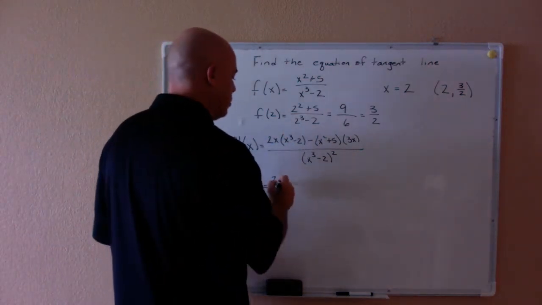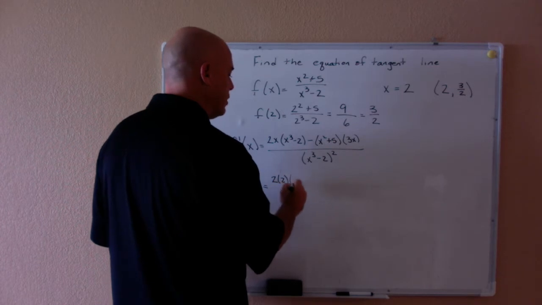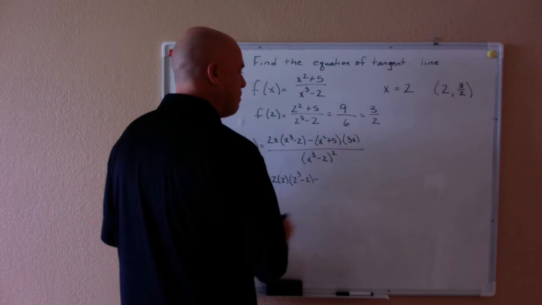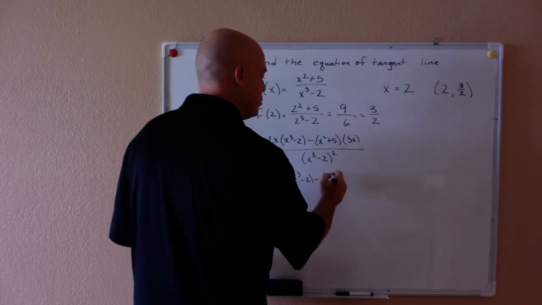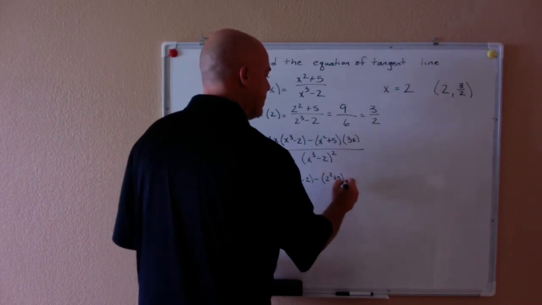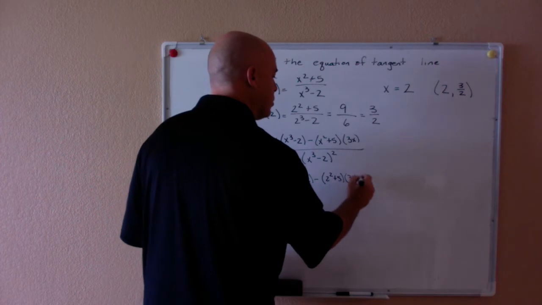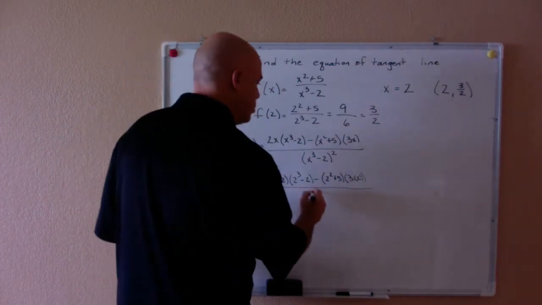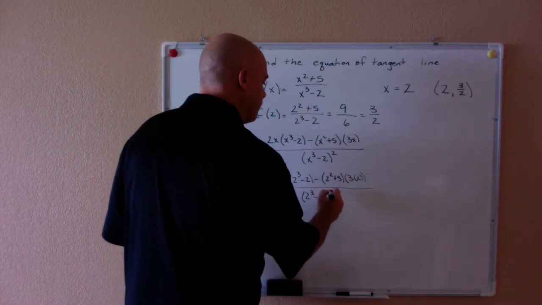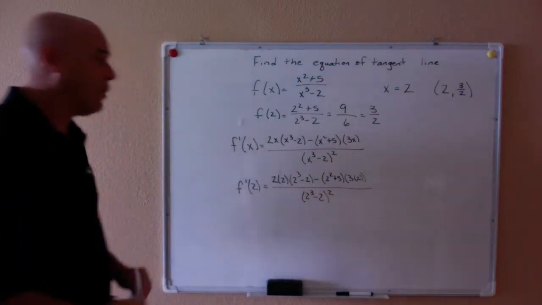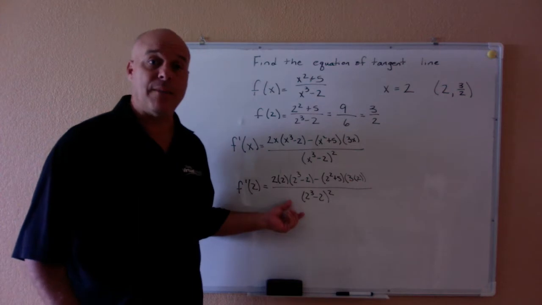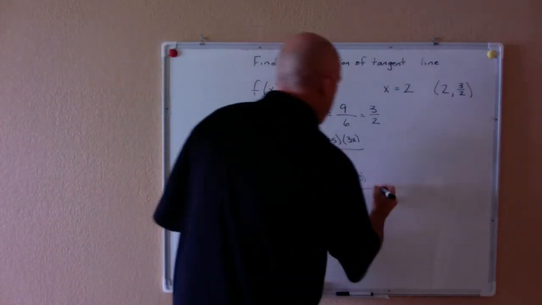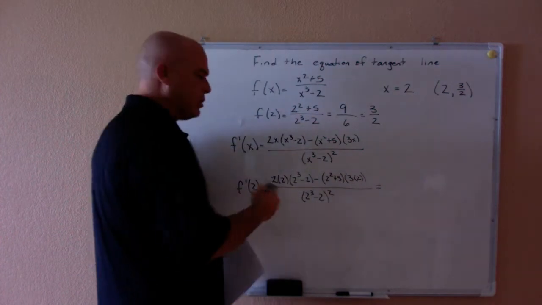That's going to give me 2 times 2 times 2 cubed minus 2, minus 2 squared plus 5 times 3 times 2 squared, all divided by 2 cubed minus 2 squared. Now this is just an arithmetic problem to solve. I'm going to do this as quickly as I can.